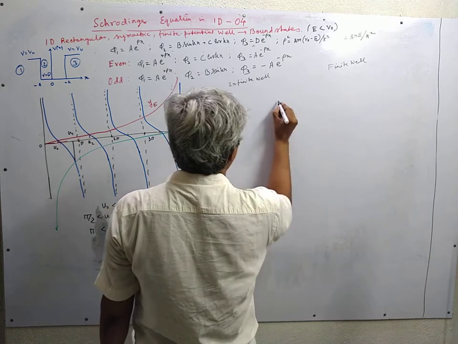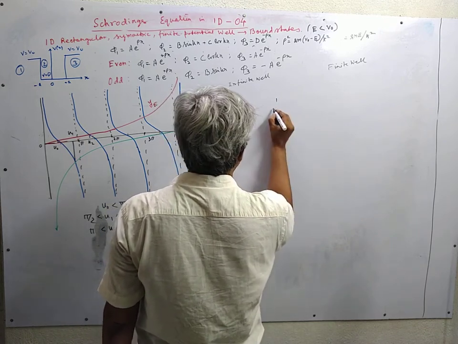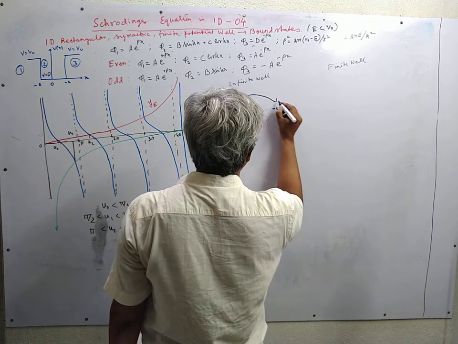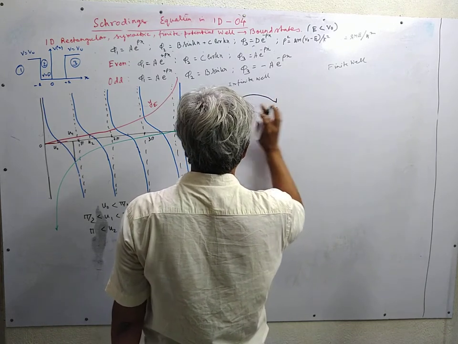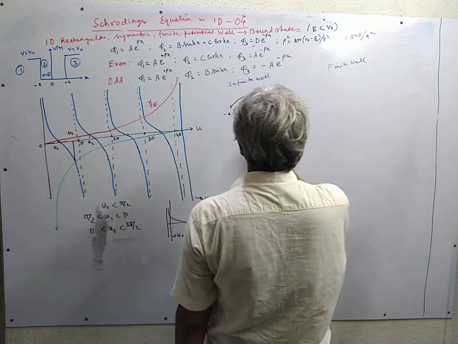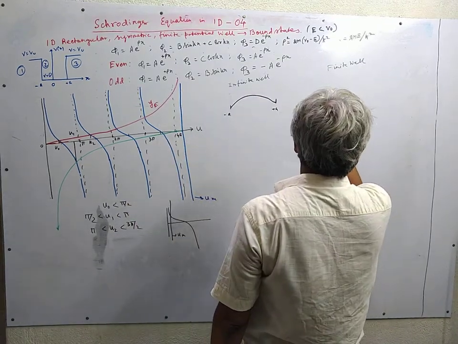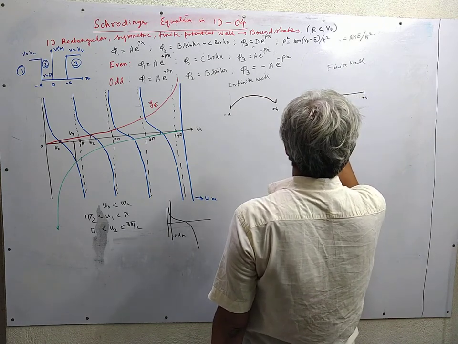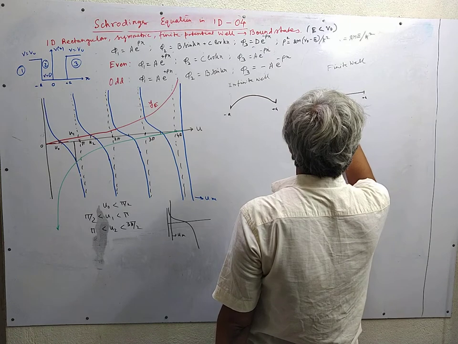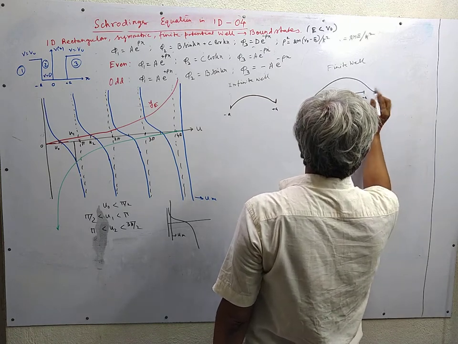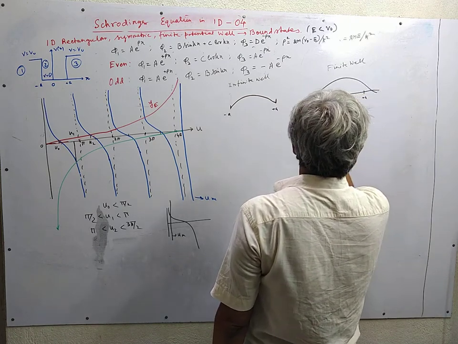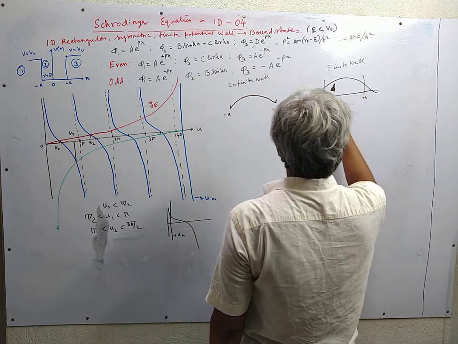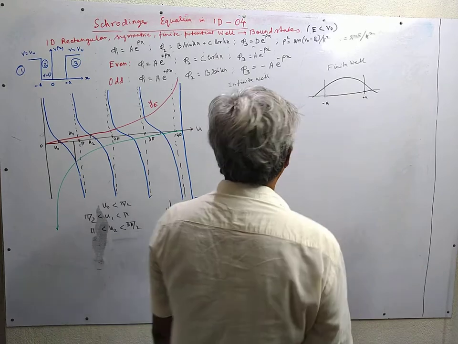For the infinite well ranging from -a to +a, the wave function in the first state is this. And for the finite well, extending from minus a to plus a, the wave function is not zero. It goes up. There will be some tunneling on either side.